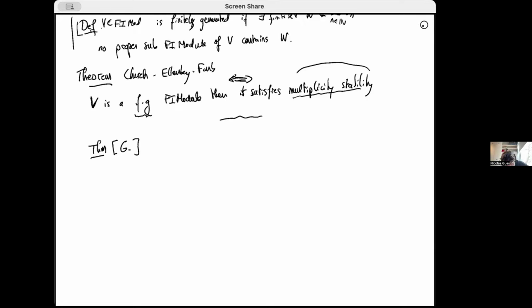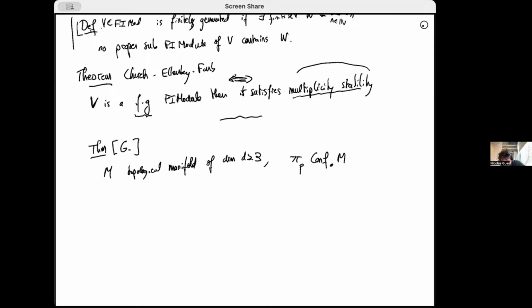So my result is that if you take M, which is a topological manifold of dimension d greater than 3, then you can look at the homotopy groups π_p of the configurations.